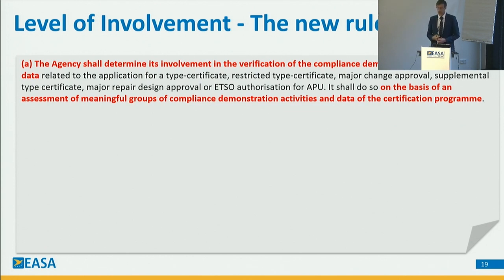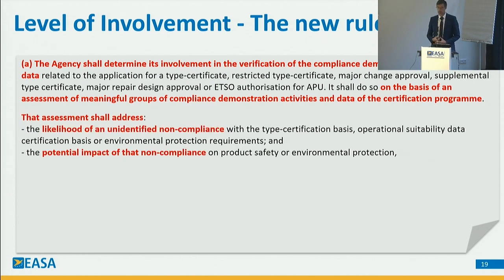The agency shall determine its involvement in the verification of compliance demonstration activities and data on the basis of the assessment of the meaningful groups of compliance demonstration activities and data of the certification program. Same wording as for you. We take your proposal and then we'll make our assessment. This assessment shall address the likelihood of an unidentified non-compliance and the potential impact of that non-compliance on product safety or environment. Same wording on our side, of course.